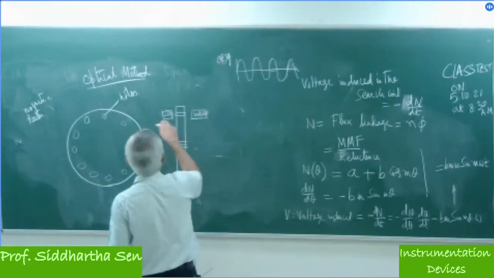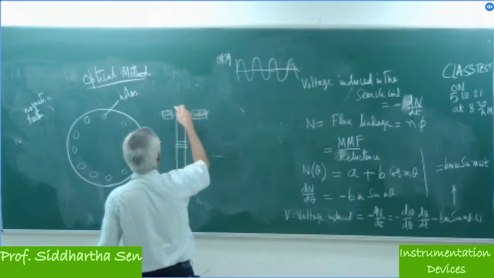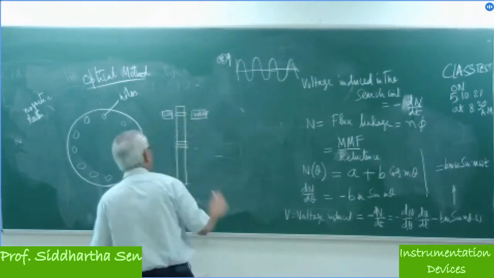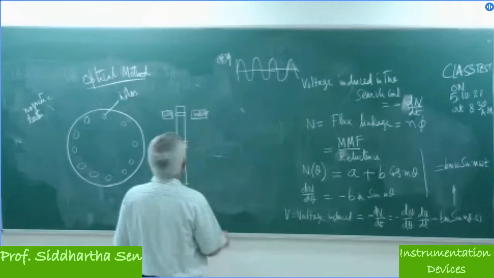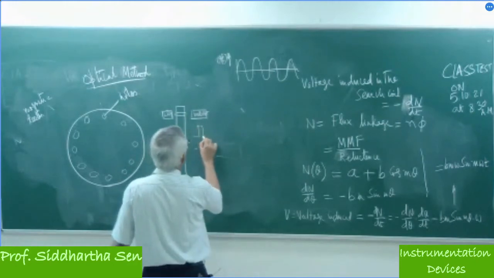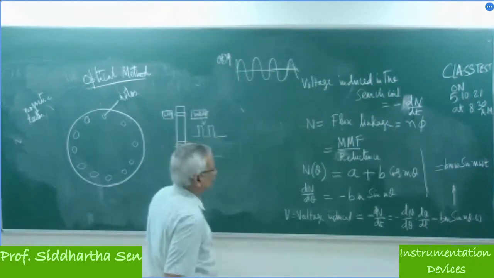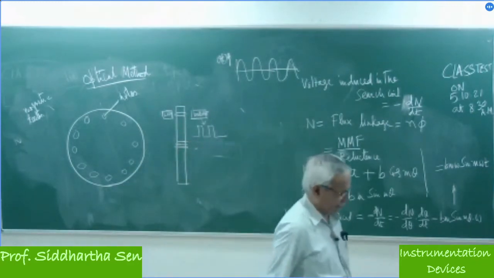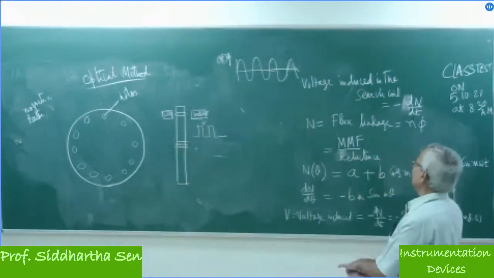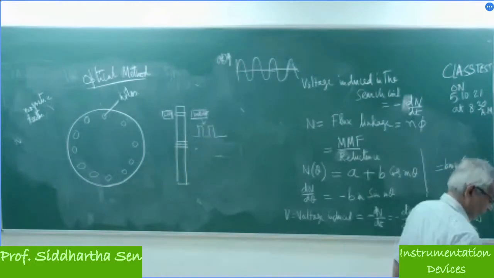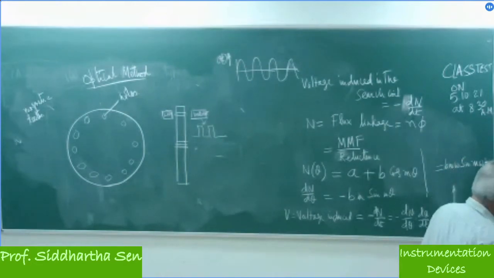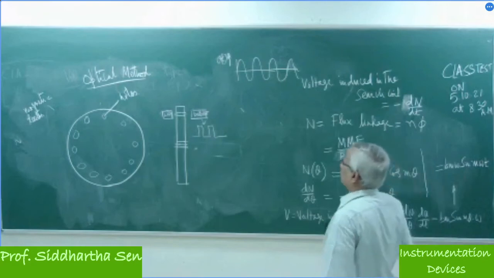So once this hole comes in between, the detector will get some output, otherwise it will be almost dark. So you get a pulse in the detector in this manner. You count the pulses and you can measure the speed. So mainly these are the three major ways for measurement of speed.